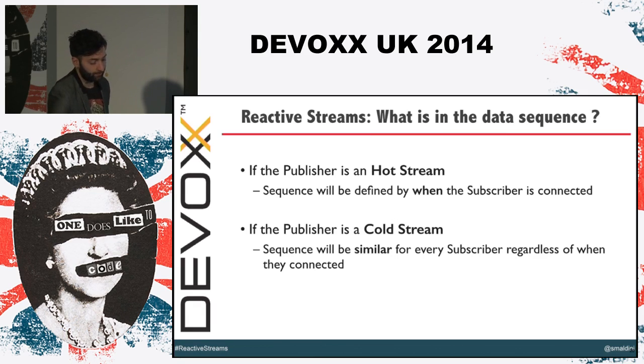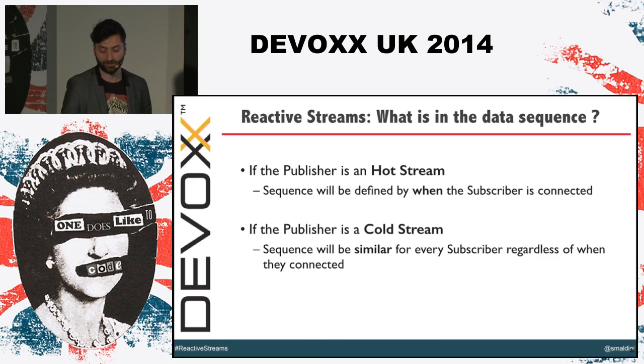And the data sequence in reactive streams will be different depending on the use case you're implementing. If it's a hot stream, like Vert.x, the sequence of data you will observe will just be the one emitted from the time you subscribed, because all data passed before has been passed somewhere else, or maybe to no one, but you were not there when the data was flowing.